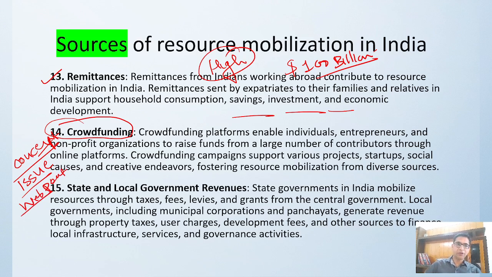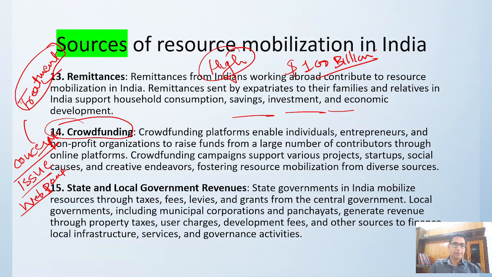Right now on websites, there are a lot of people asking for money for treatments. They show the photo of a child lying on a bed, crying, saying he needs around 2 crore rupees, 3 crore rupees. Just an example I'm telling. So they are simply lying down and asking for resources. So crowdfunding is another way through which you can get resources.